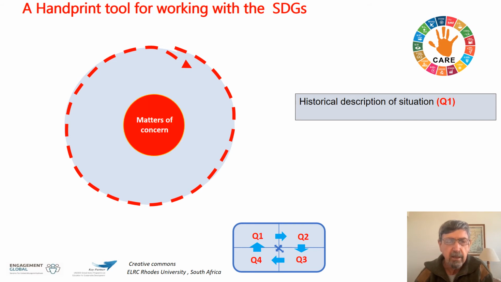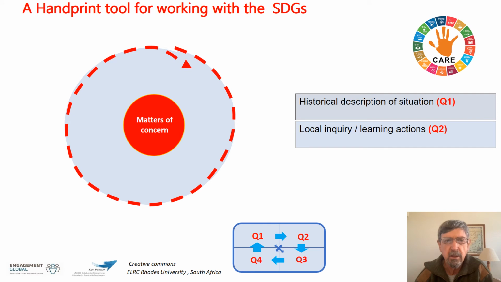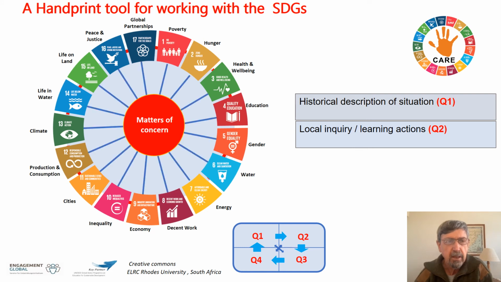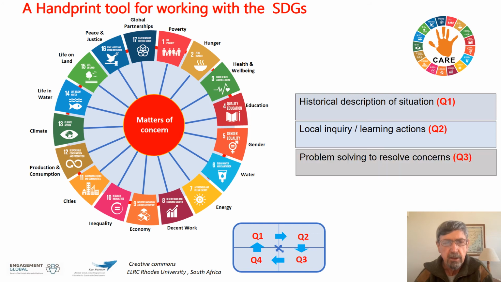They go in and they look at what are the matters of concern for local inquiry and learning actions, drawing on indigenous knowledge, drawing on local learning experiences, and of course drawing on the Sustainable Development Goals, which they're able to relate to the matters of concern, which gives them a deepening sense of how to activate for future sustainability through problem solving to resolve the concerns that they're confronted with at a local level.